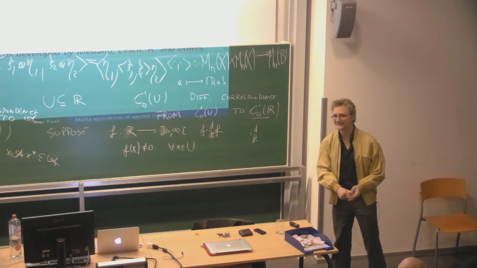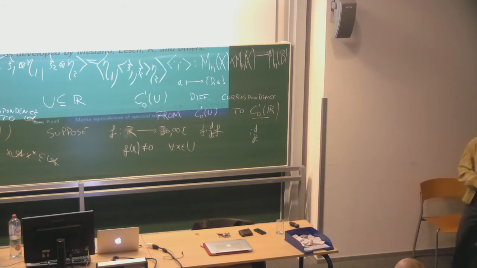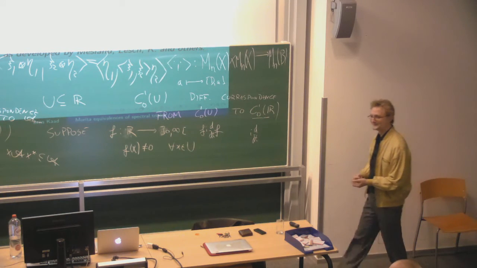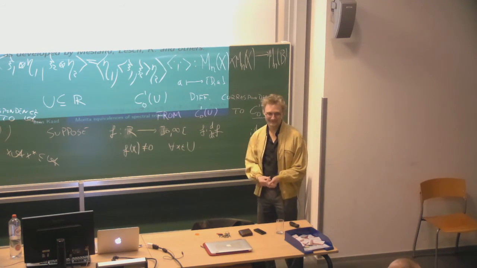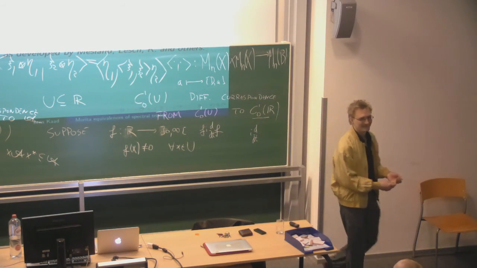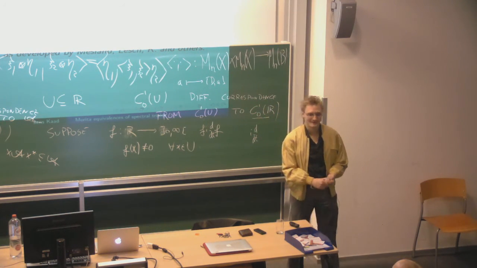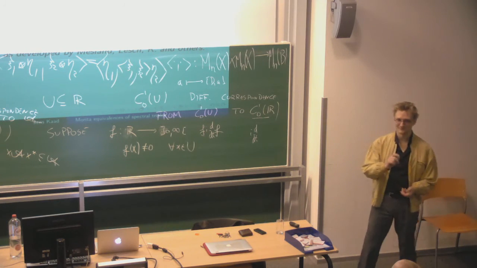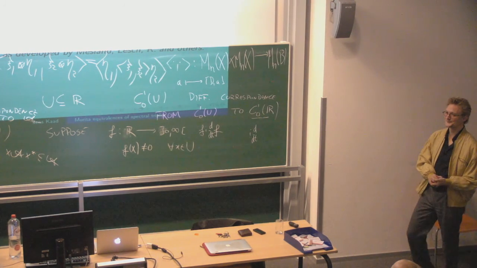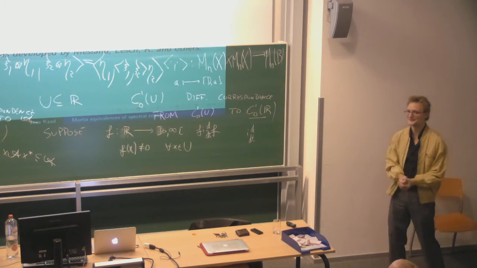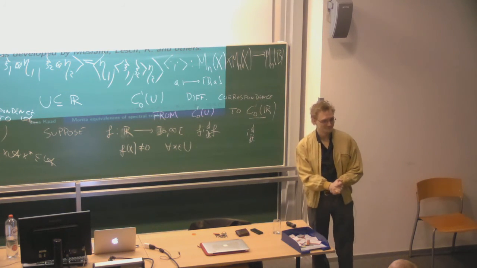Well, they will be, yeah. Change the measure. Yeah, I think they will be the same, up to Morita equivalence in this sense because of the first example. If you have two conformally equivalent things, then yeah.